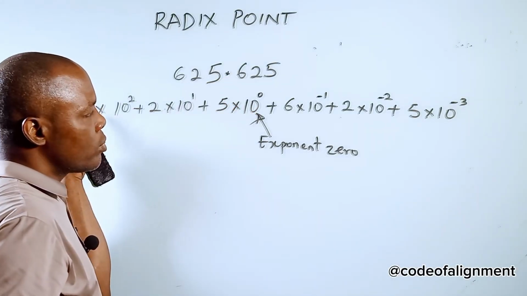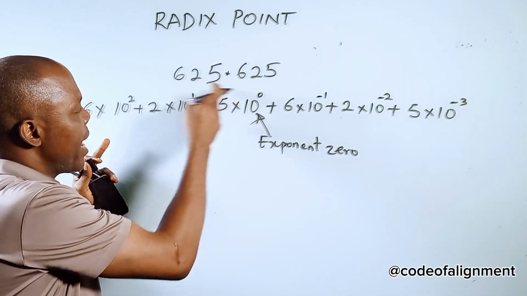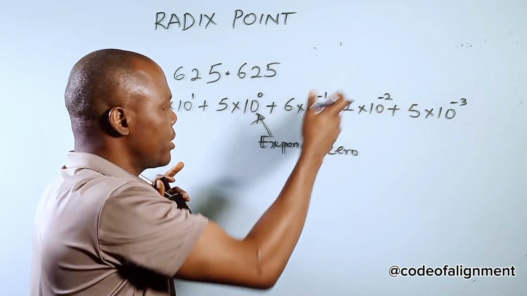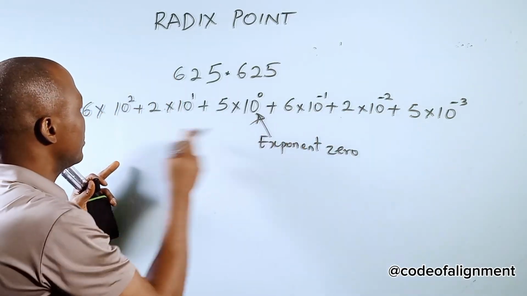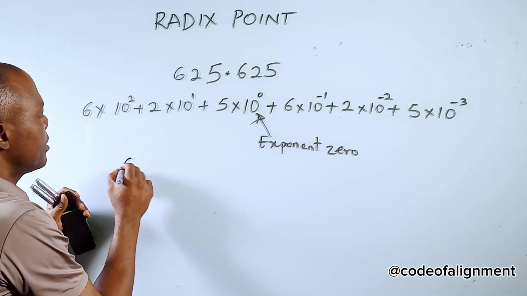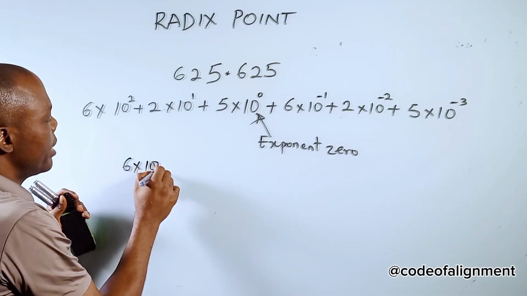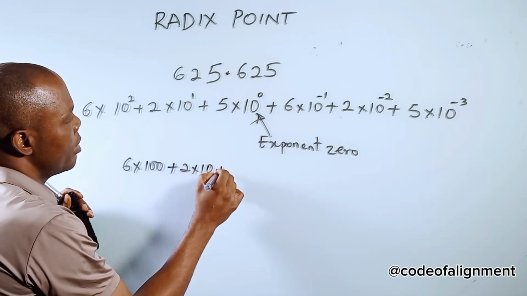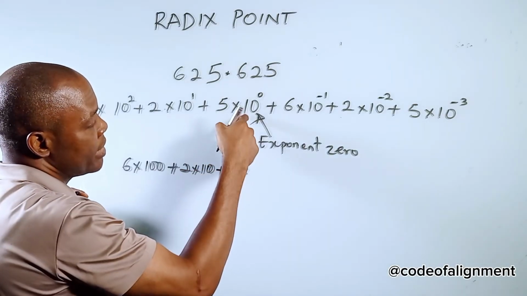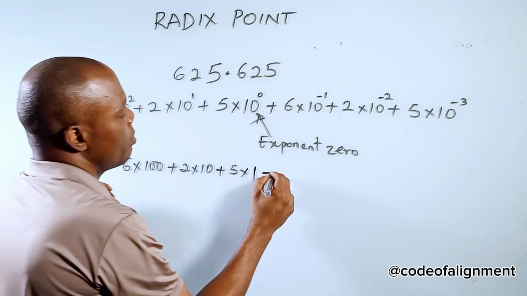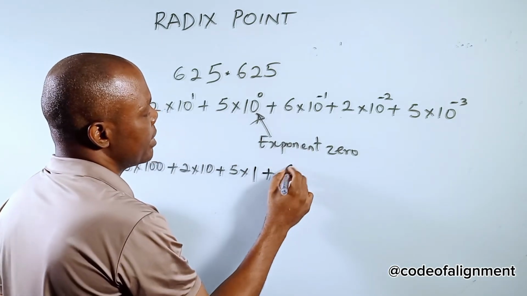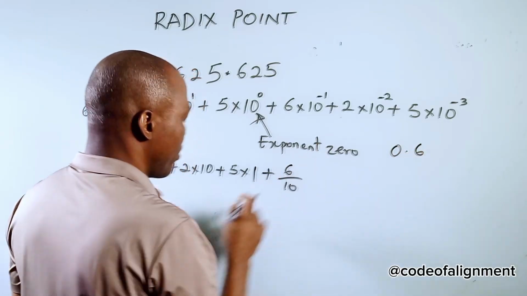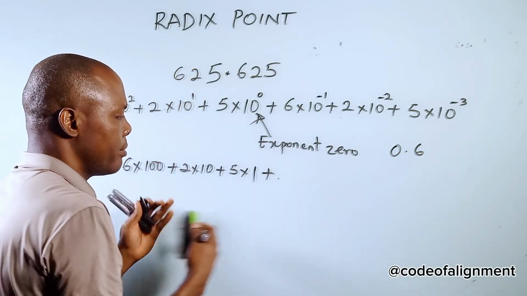Now, to the left of the radix point, we are increasing, while to the right of the radix point, we are decreasing. So this is the same thing as saying 6 times 100 plus 2 times 10 plus 5 times anything raised to power 0, which is 1. Plus 6 over 10, which will give us 0.6. Now, that is something I want you to observe.